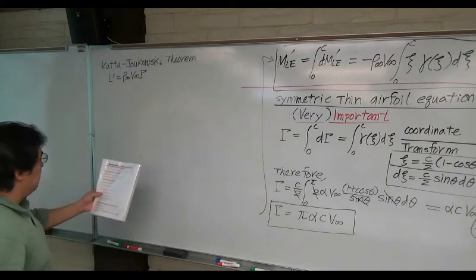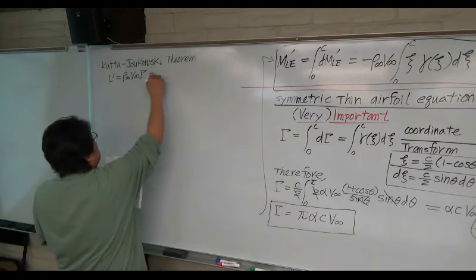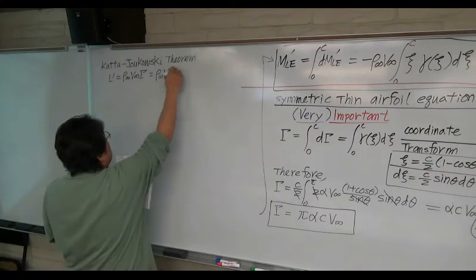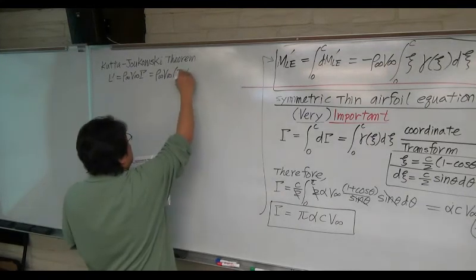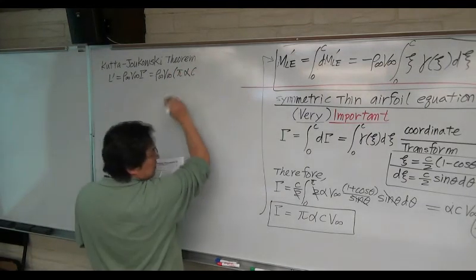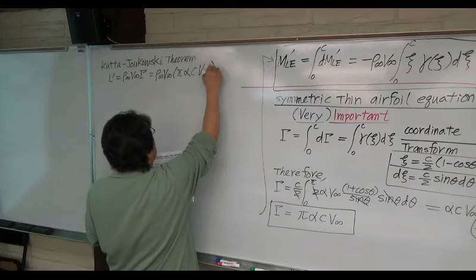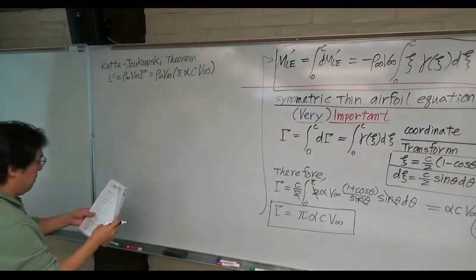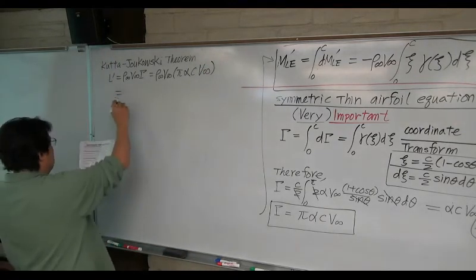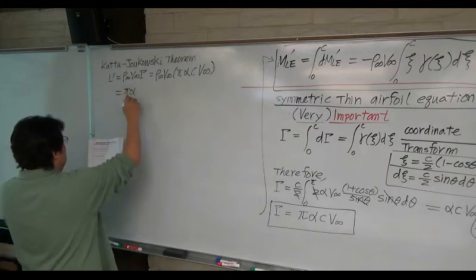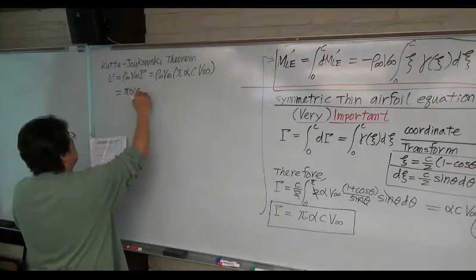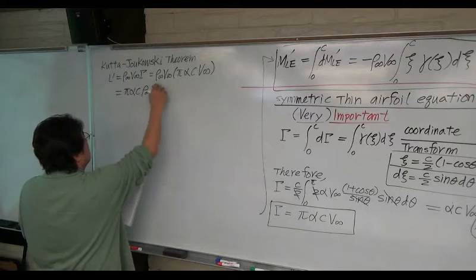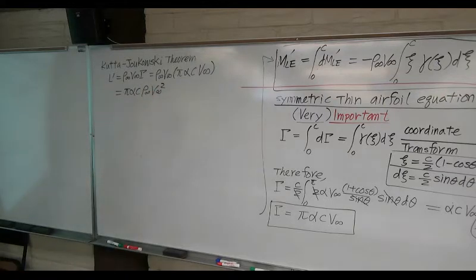We know gamma. Okay. So let's plug in. Rho v gamma, we know gamma is pi alpha chord length b infinity. Which is pi alpha c rho infinity b infinity squared. So this is the lift per unit span.